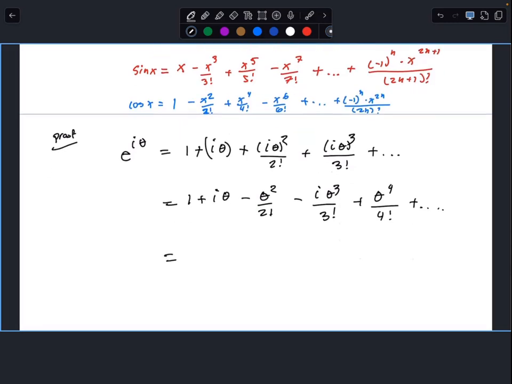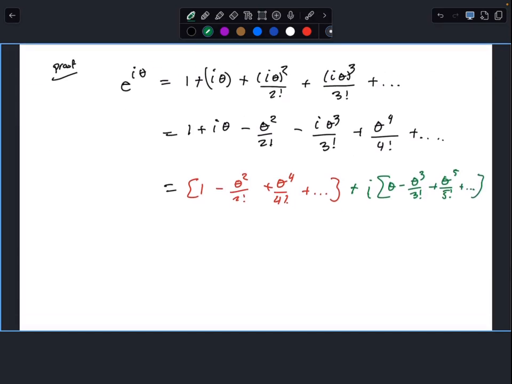which is the same thing as 1 minus theta squared over 2 factorial plus theta to the 4th over 4 factorial plus dot, dot, dot, plus i times theta minus theta cubed over 3 factorial plus theta to the 5th over 5 factorial plus dot, dot, dot.